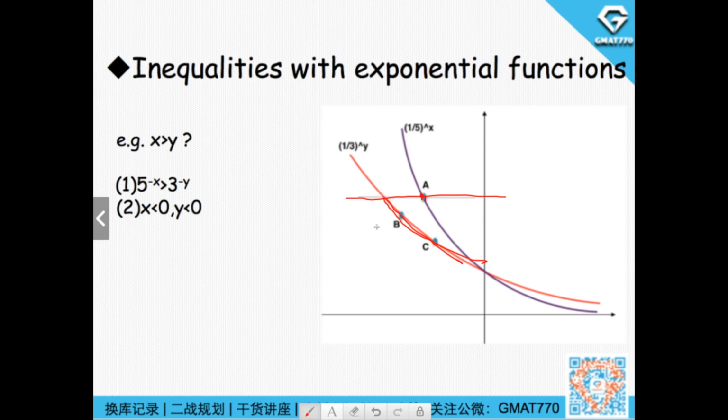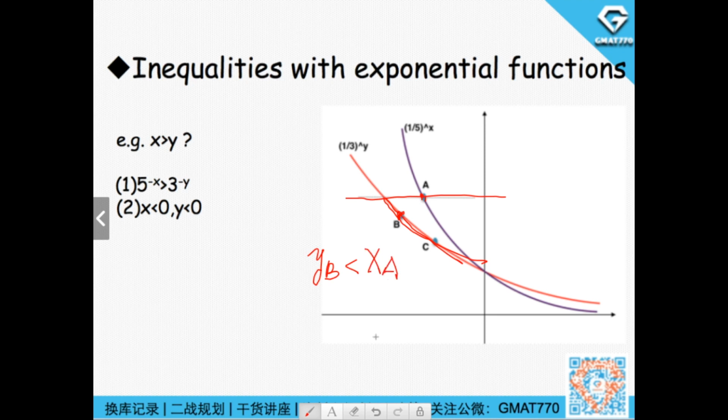But can we use statement 1 to determine that x is greater than y? No, we cannot determine it. Why? Because we can find two points, point B and point C, which are opposite examples for this question. Point B is on the left side of point A, which means that the power of B, yb, is less than the power of A, xa.